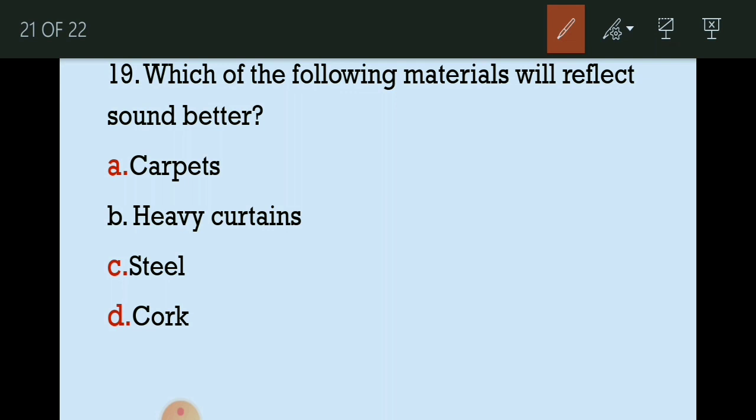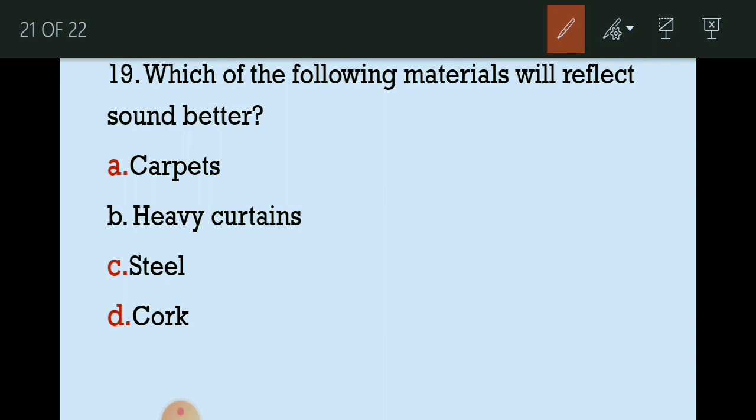Okay, that's why if the length of the room, because in case of a hall the space is much more, echo can easily be produced. But in case of a small room, you generally see that the space is less, that's why the reflected sound comes back before 0.1 second. That's why our ear cannot distinguish between the original sound and the reflected sound. As a result, we hear only one sound.